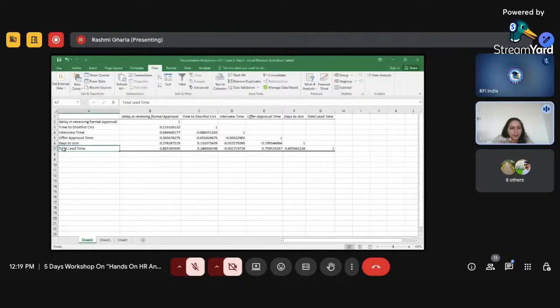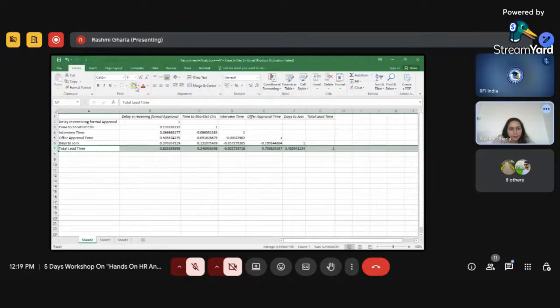So if you see here, this particular row is important for us. If I see the relationship between total lead time and delay in receiving approval, what is the value?